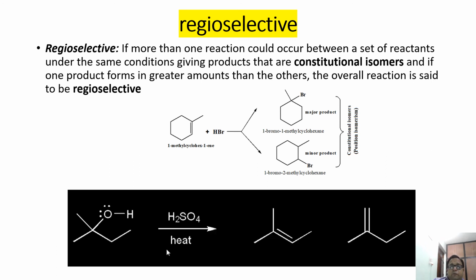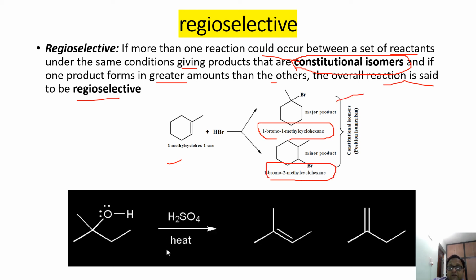Regioselective: if more than one reaction could occur between a set of reactants under the same condition, giving products that are constitutional isomers. Please remember what word I am using. They are constitutional isomers. And if one product is in greater amount than another, then the overall reaction is called regioselective. Here you can see in this reaction, this product is 1-bromo-1-methylcyclohexane, and this one is 1-bromo-2-methylcyclohexane.